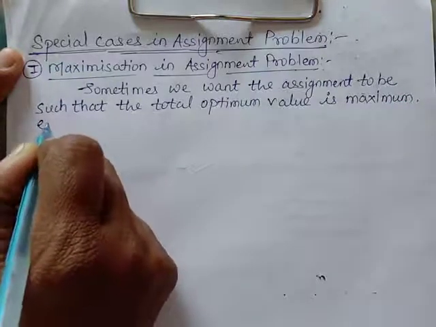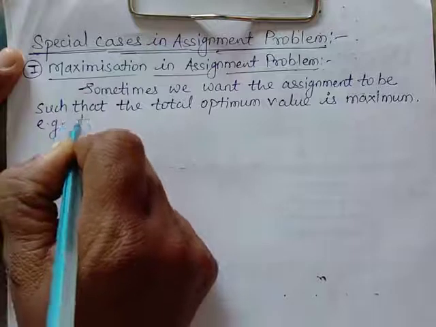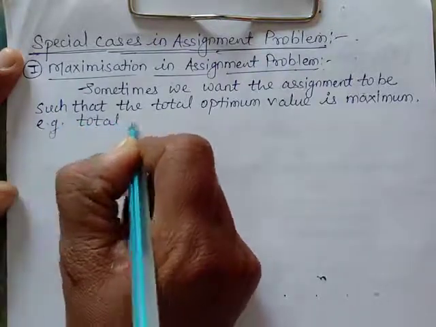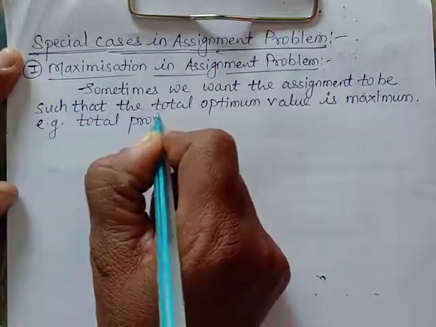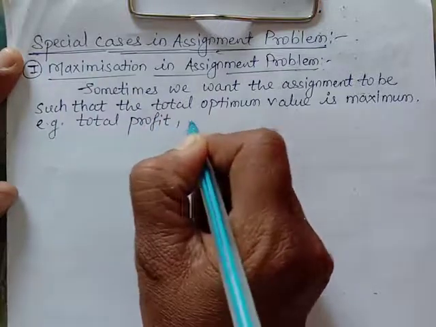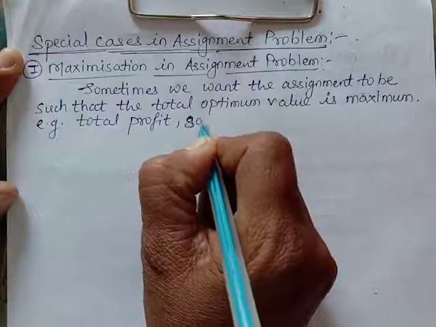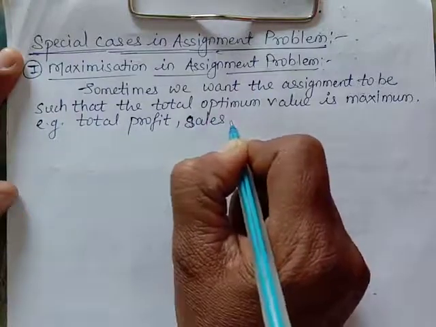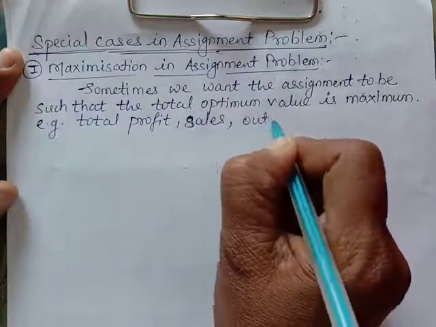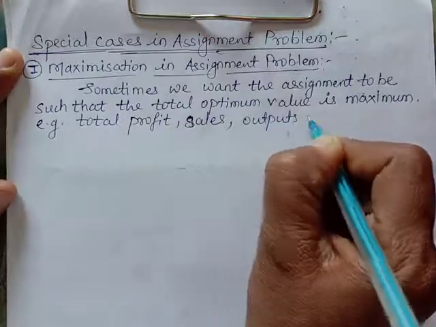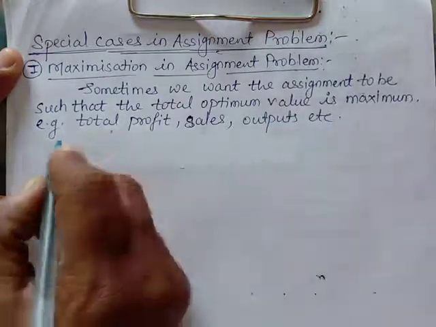For example, total profit, if we have to gain, then sales, then outputs, etc.